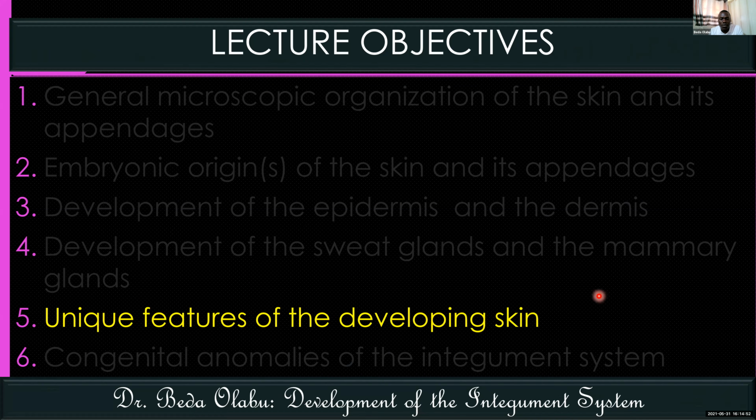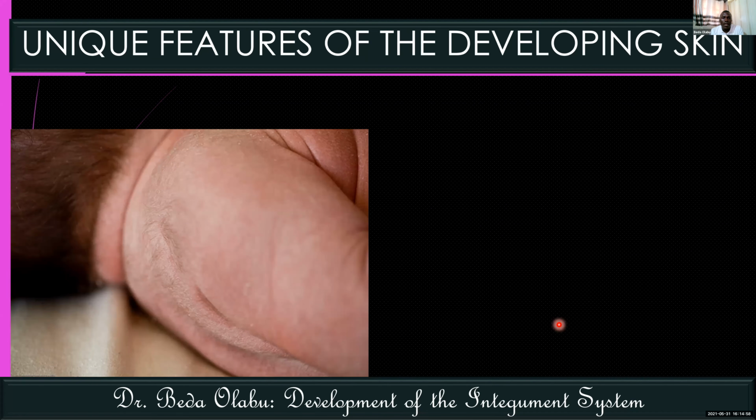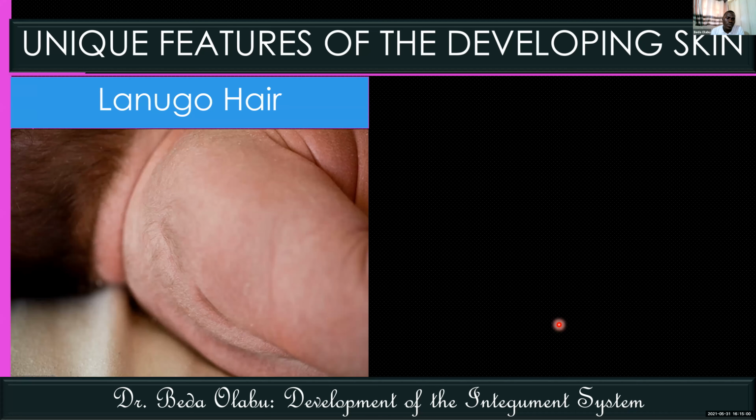So what are some of the unique features of the developing skin? We can say a number, but I think two are common, and so I want to highlight them. One is lanugo hair. Lanugo hair is this fine miniature hair that is present in the fetus. This type of hair is very smooth, very fine, very soft. Unfortunately, it disappears.